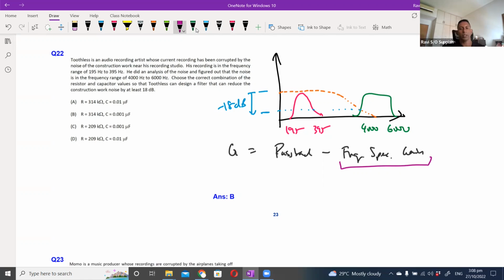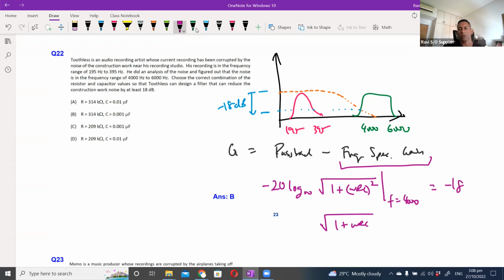For low pass, all you need to do is plug it into the formula: minus 20 log of the square root of 1 plus omega RC squared, at frequency equals 4000, must equal negative 18. From there the rest is just solving it: 10 to the power of 18 by 20.